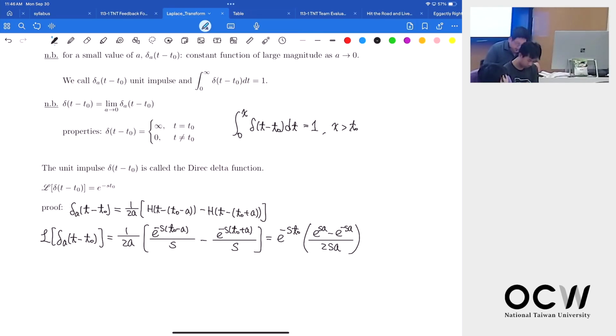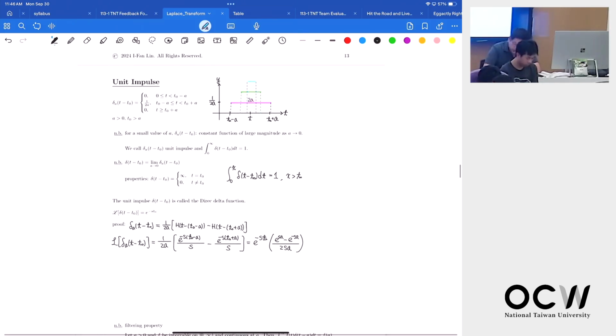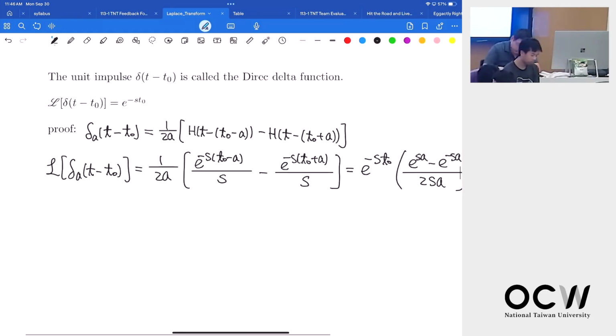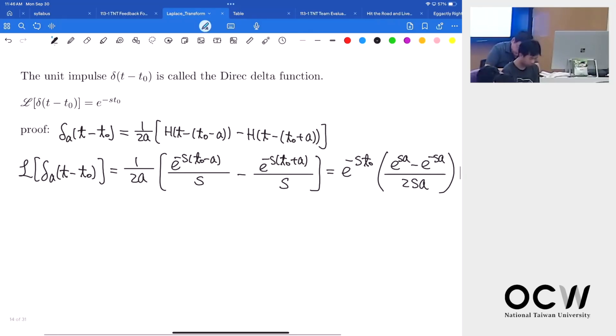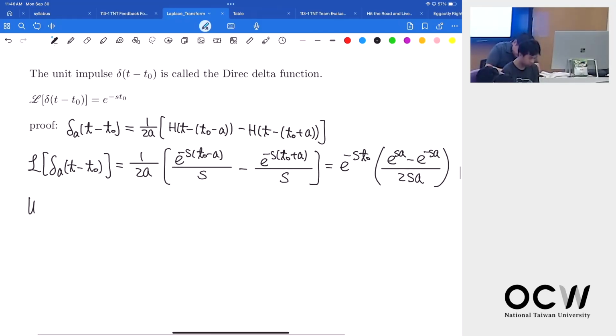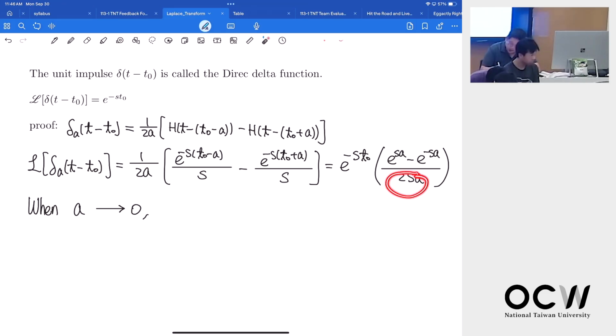When a goes to 0, because we want to shorten this width, they become smaller, smaller, smaller, and also the value goes up and up, increasing. So when a goes to 0, the denominator is 0.